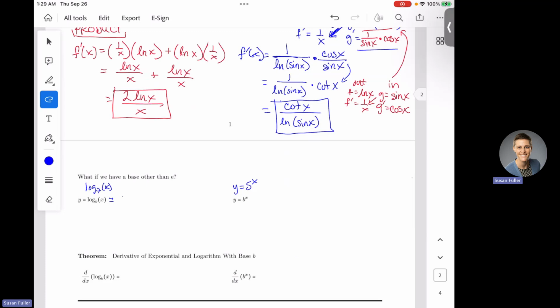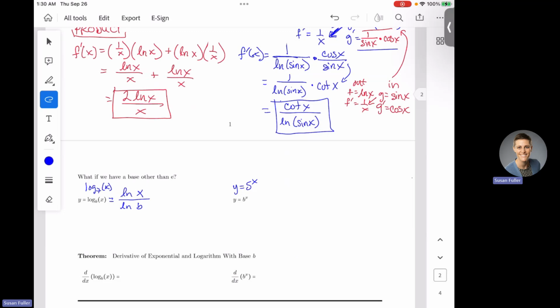It says you can use either log base 10 or log base e. We're going to use log base e here because I have a derivative rule for that. So log base b of x can be written as the natural log of x, the thing inside my log, divided by the ln of my base b.